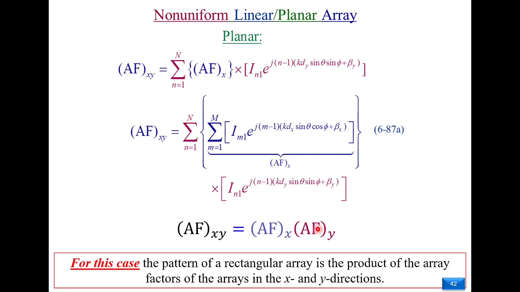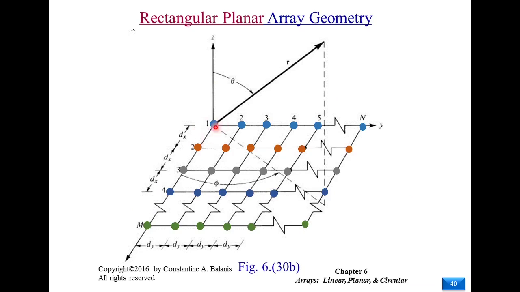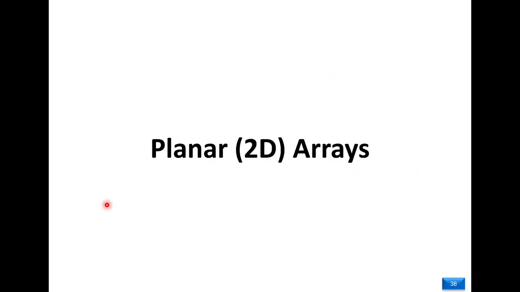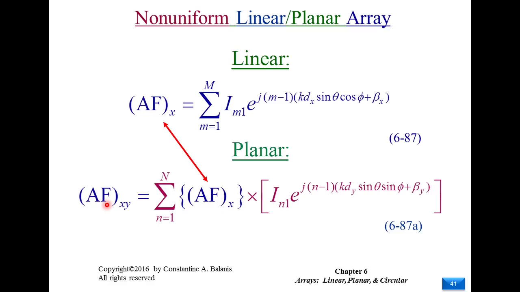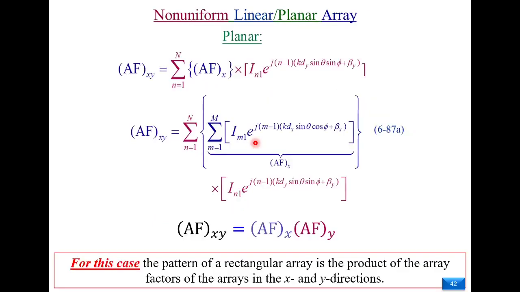If we have any difference, for example, if the distances are not uniformly spaced, or the phase is not uniformly increased, we just go to the general case and use the more general formula. This formula is used when we have a uniform distribution: dy is constant from one element to the other, dx is constant, the same as beta x and beta y.